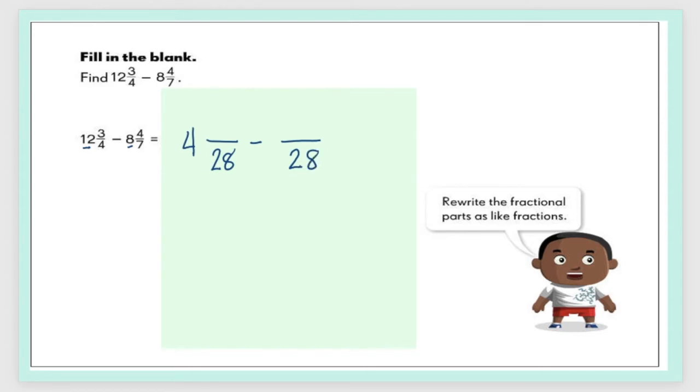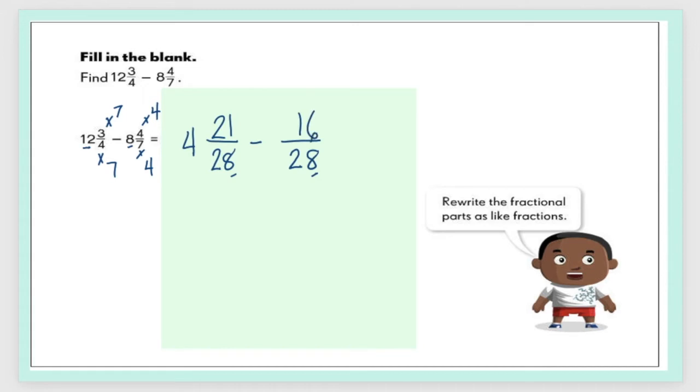Now let's start renaming. 4 times 7 will give us 28. So 3 times 7 is equal to 21. Next fraction. 7 times 4 is 28. So 4 times 4 is 16.